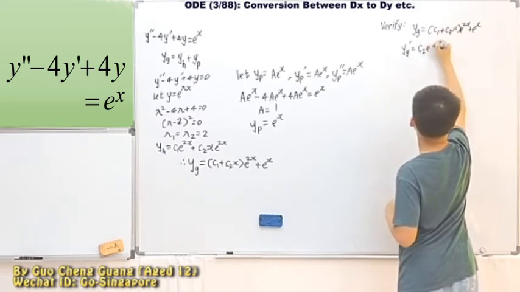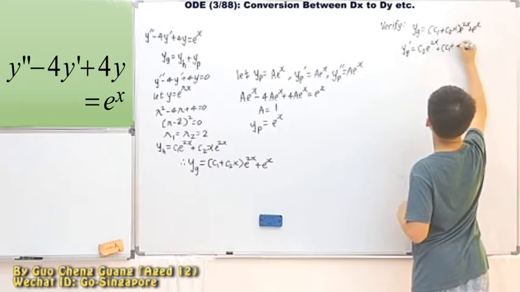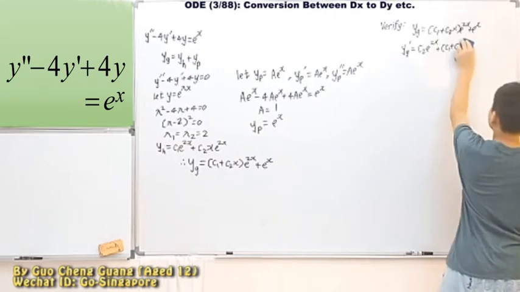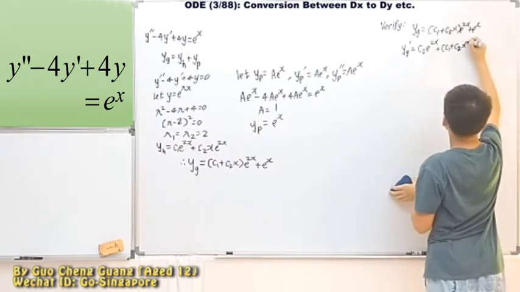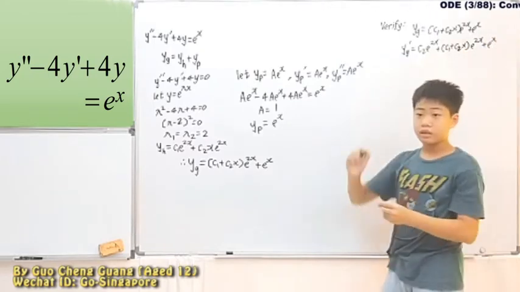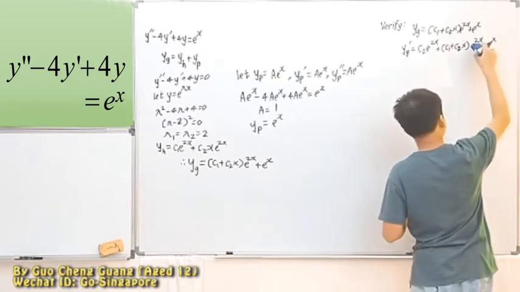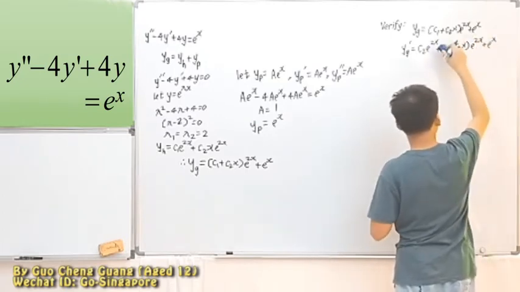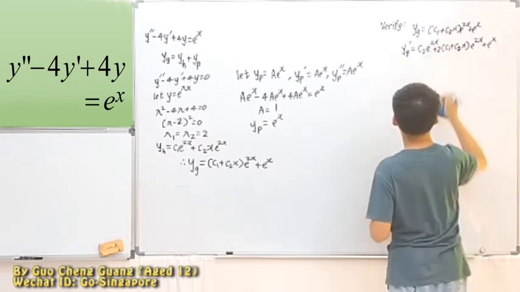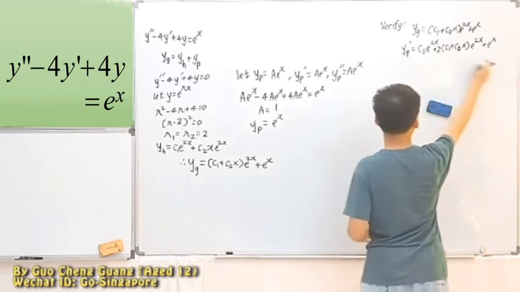That means it's C2. Wait, here's an x. This part behind is still e to the power of x. But wait, if you differentiate this part, then you'll have this extra 2. Okay, so that means it's like this. This is the first derivative.